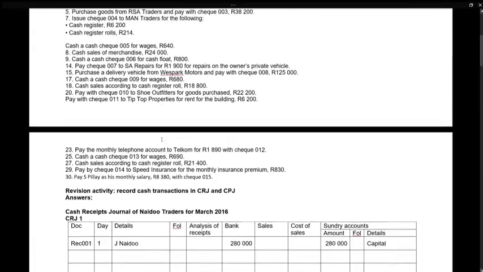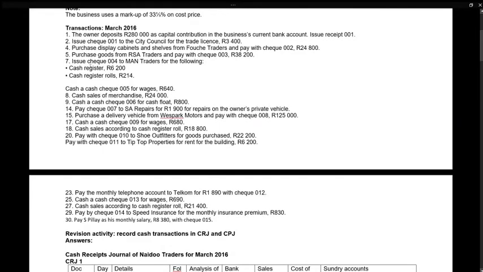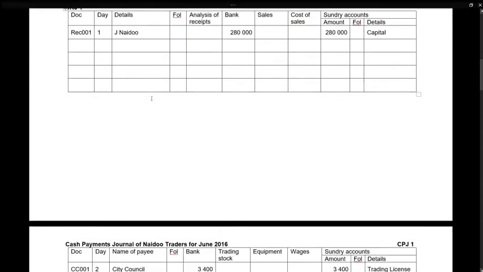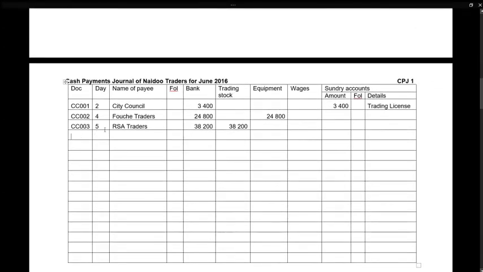Next one. Right, on the 7th, issued check 004 to Man Traders for the following: a cash register and a cash register roll. Very importantly, two different items at the same place with one check. So this will be one payment, one check. Check counterfoil 004. This took place on the 7th, to Man Traders.